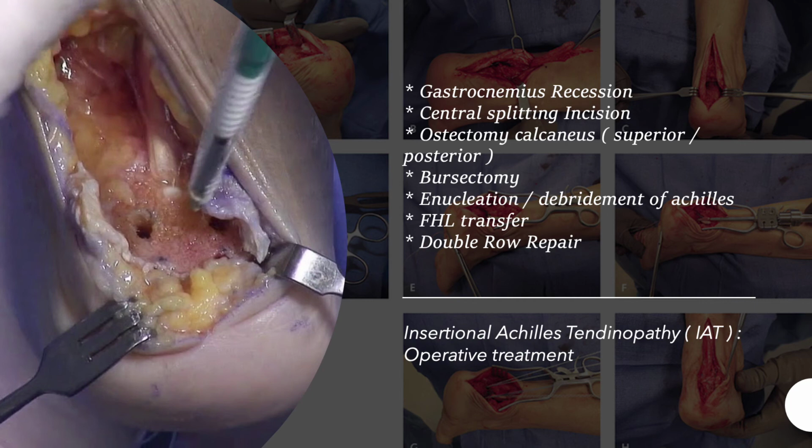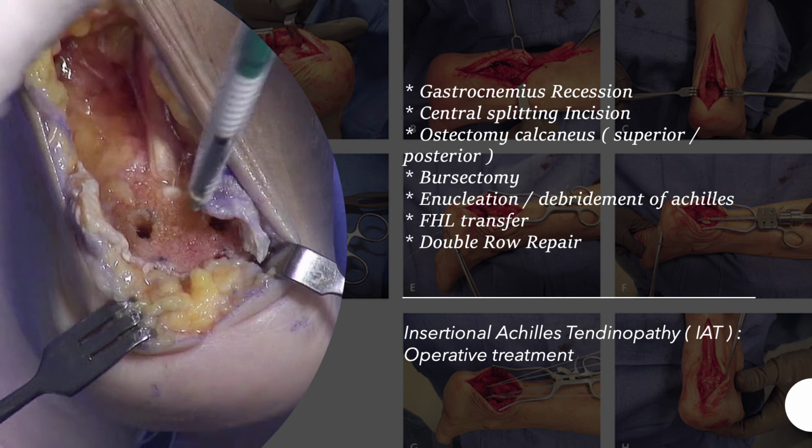In my hands, I perform a complete retrocalcaneal bursectomy, and I enucleate or debride the non-viable degenerative portion of the Achilles insertion away. And it's at that point that I determine whether or not a patient needs augmentation, which in my hands is an FHL transfer, which is pictured here.